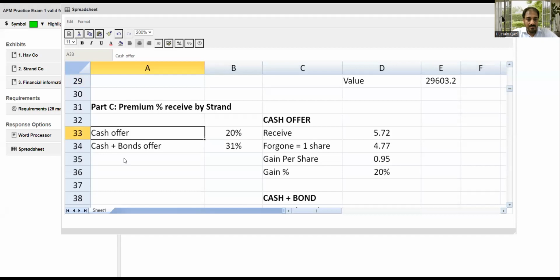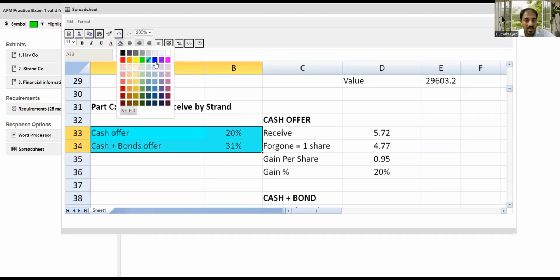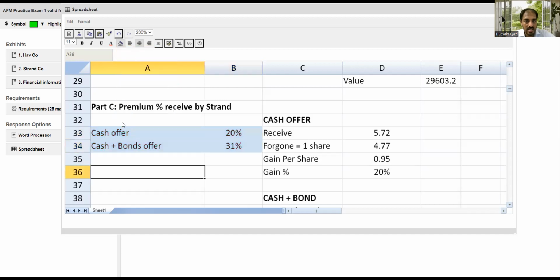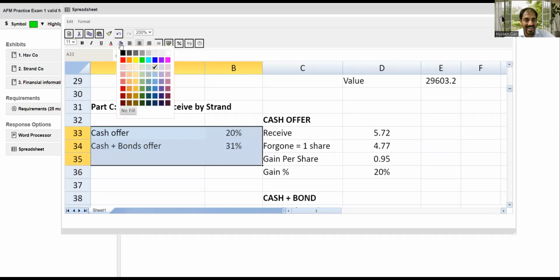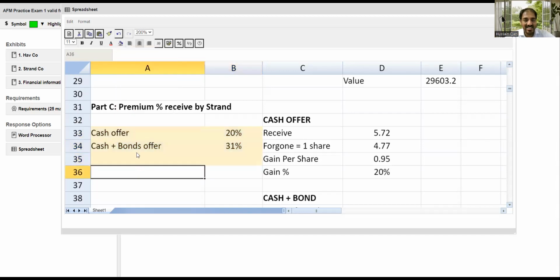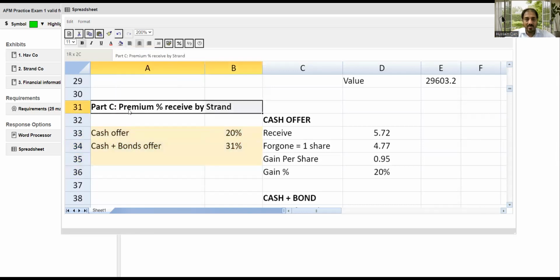Okay, then finally we have covered part C, and I can say this is a summary related to the premium offered.